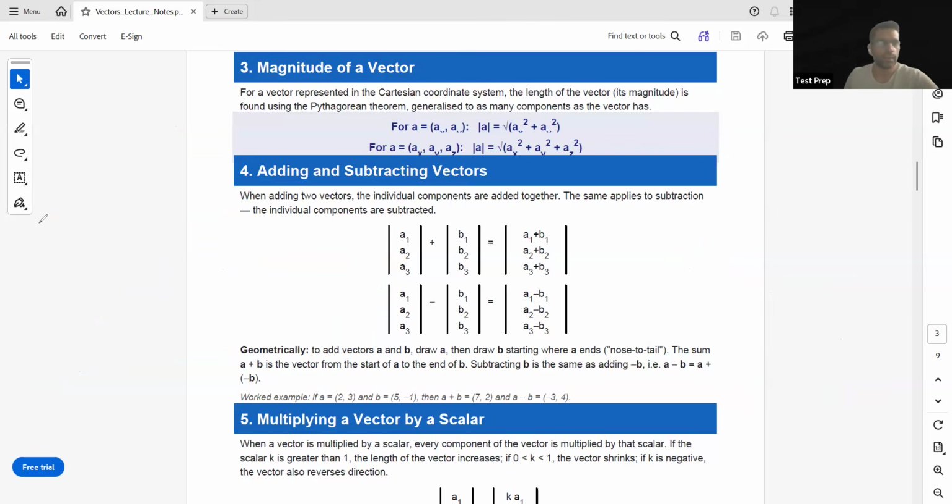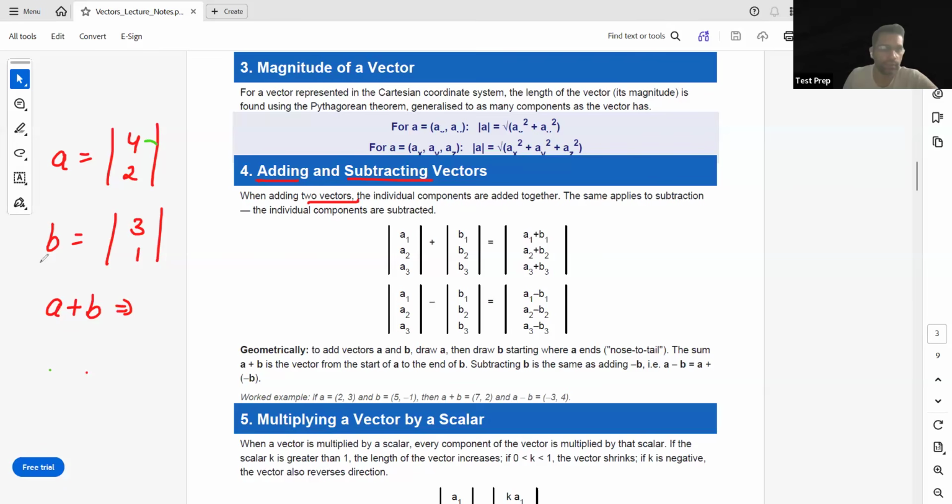Adding and subtracting of the vectors. When adding two vectors, the individual components are added together. The same applies to subtraction. Now, if A is equal to 4 and 2, and B is written in the form of 3 and 1, and we have to find the sum of these two vectors, then in case of sum, we will add x with x and y with y. So x is 7 and y is 3.